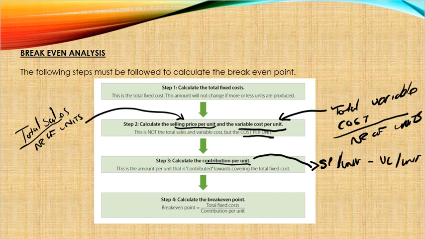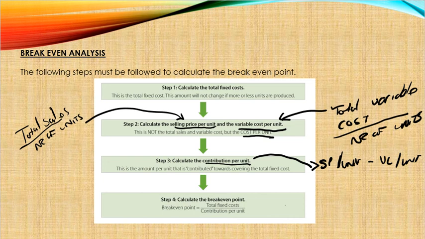And then when we have the contribution, we can plug that into our formula here. So the contribution, this comes from step 3, total fixed cost from step 1, and that will give us X amount of units, the break-even point. So the point you calculate here is the number of units at which this company breaks even, that is where they don't make a profit or a loss.